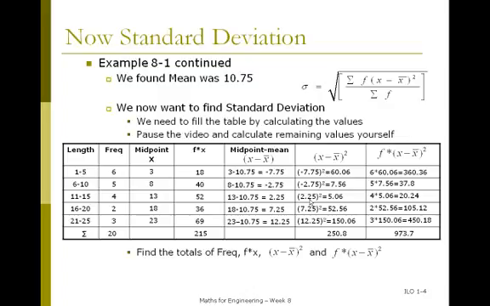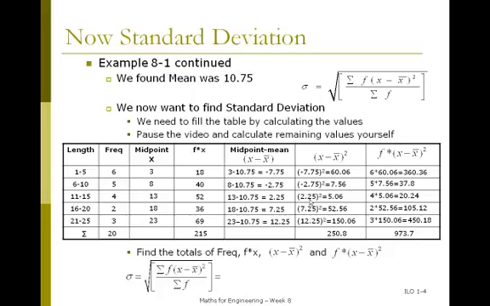Now what we have to do is plug the values in as per the equation for the standard deviation. So we found that the sum of the frequency multiplied by midpoint minus the mean squared is equal to 973.7.